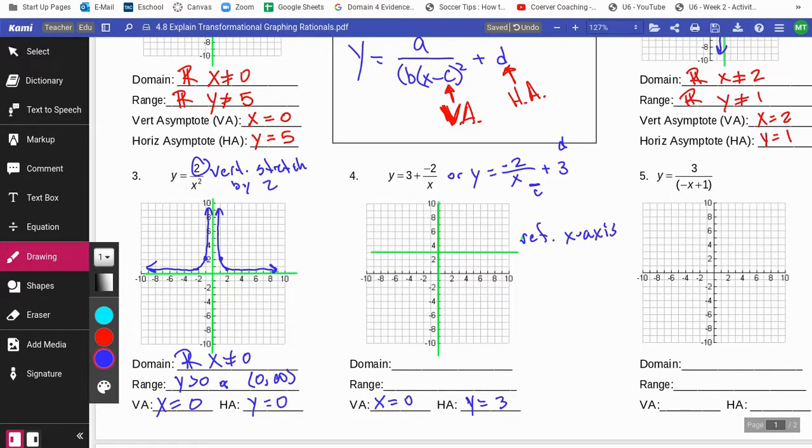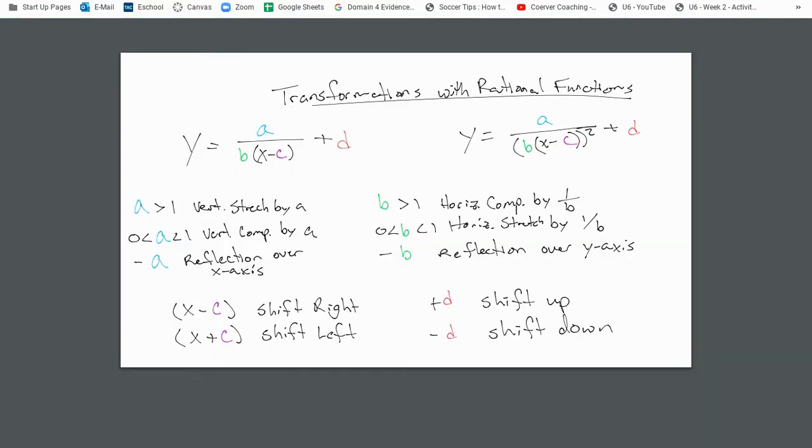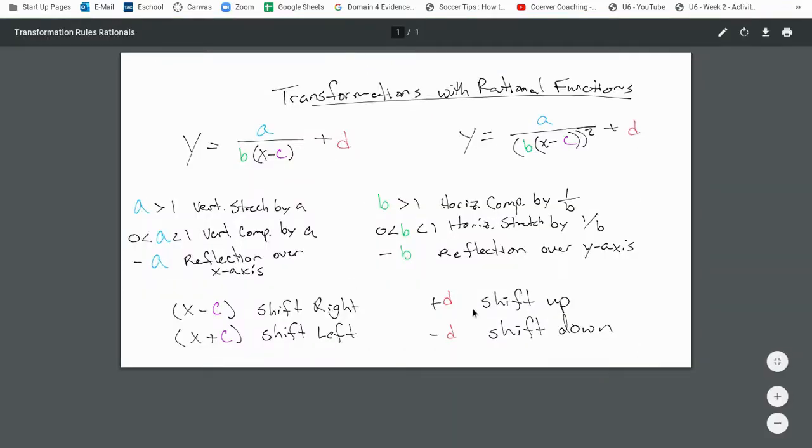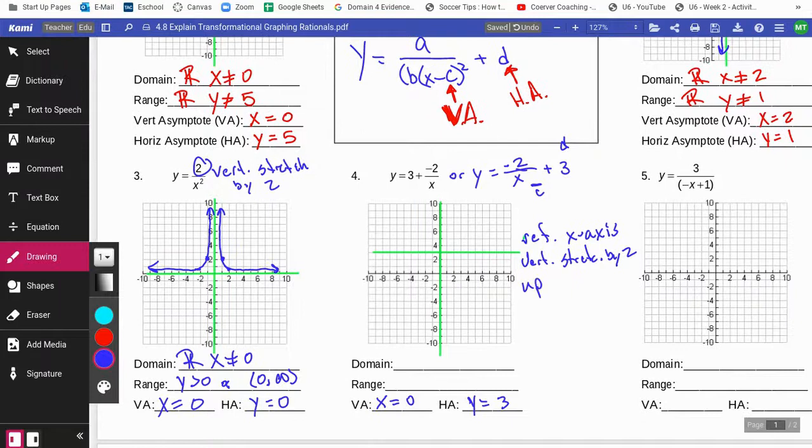It's just 2, so the absolute value of 2 is greater than 1. So that's a vertical stretch by 2 as well. And then the d value is plus 3, so shift up 3 units. Those are the transformations that occurred from the parent function.